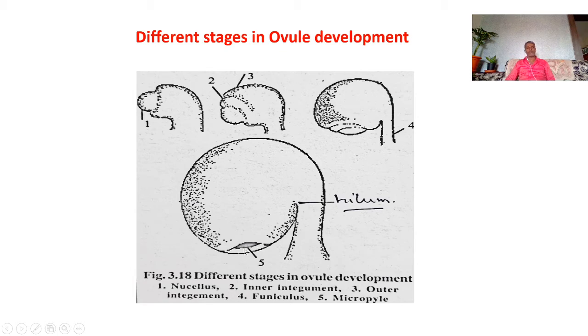This narrow minute space is known as micropyle. So this is how ovule develops within the ovary. As a whole, this structure is known as the body of the ovule, and this body of the ovule is attached to the placenta region by a stalk-like structure called funicle or funiculus.